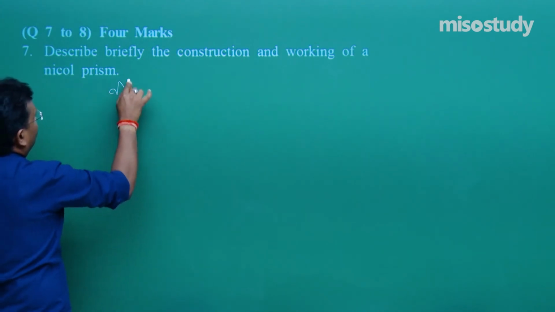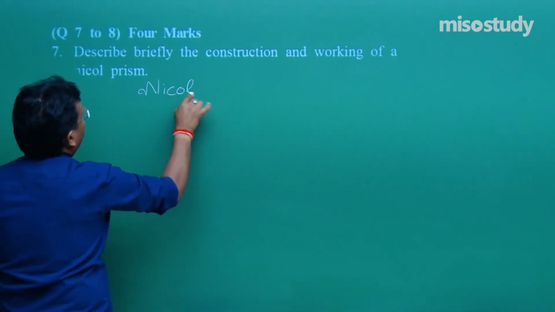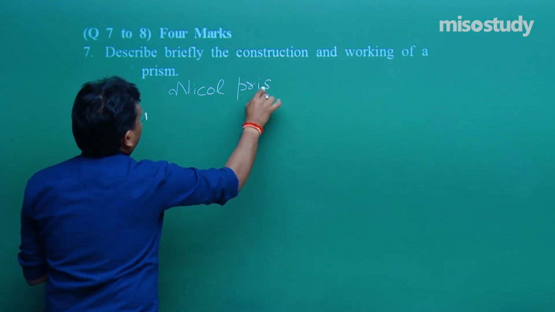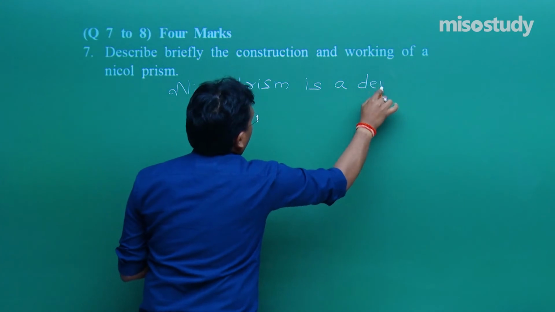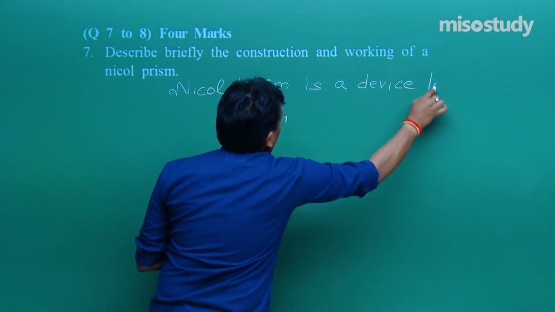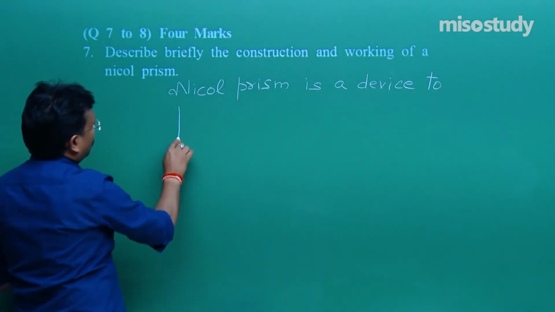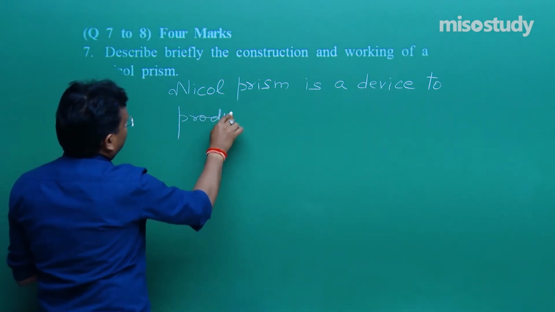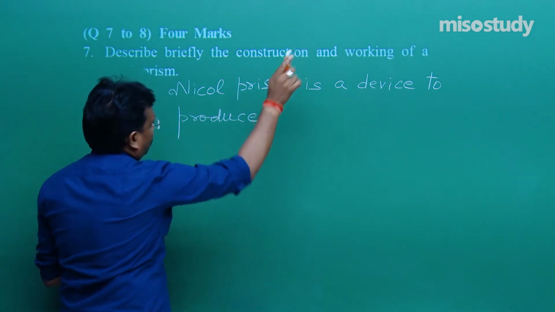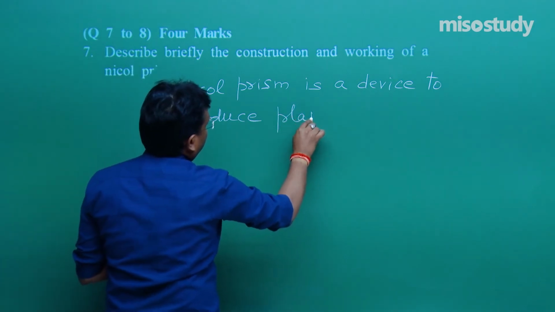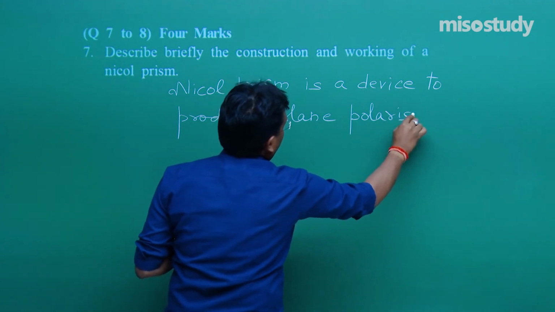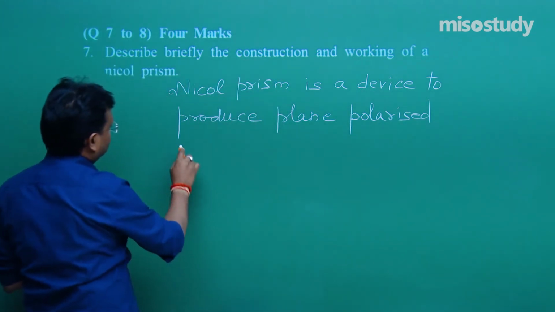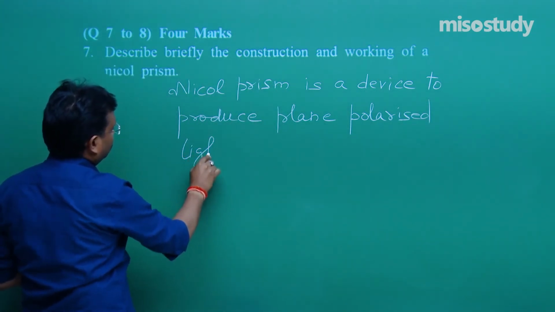You should write down like this: Nicol prism is a device to produce plane polarized light, number 1.